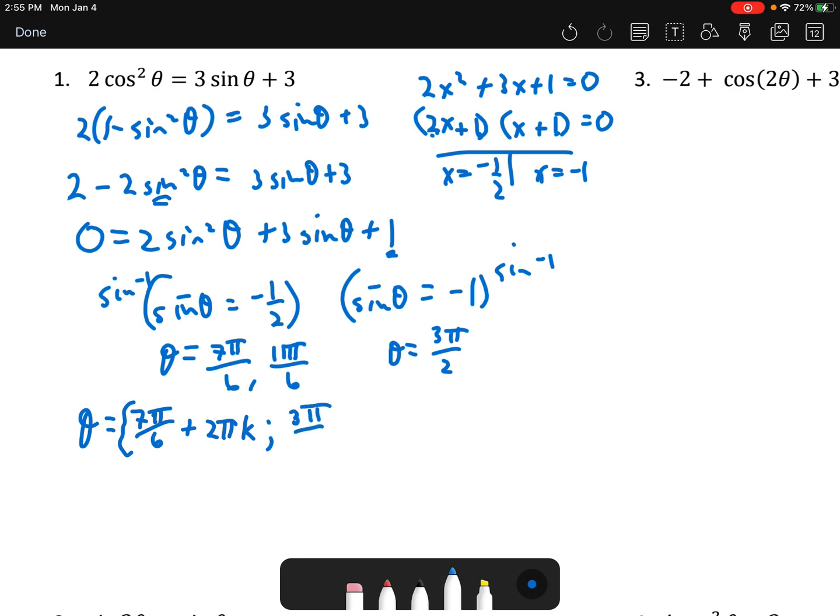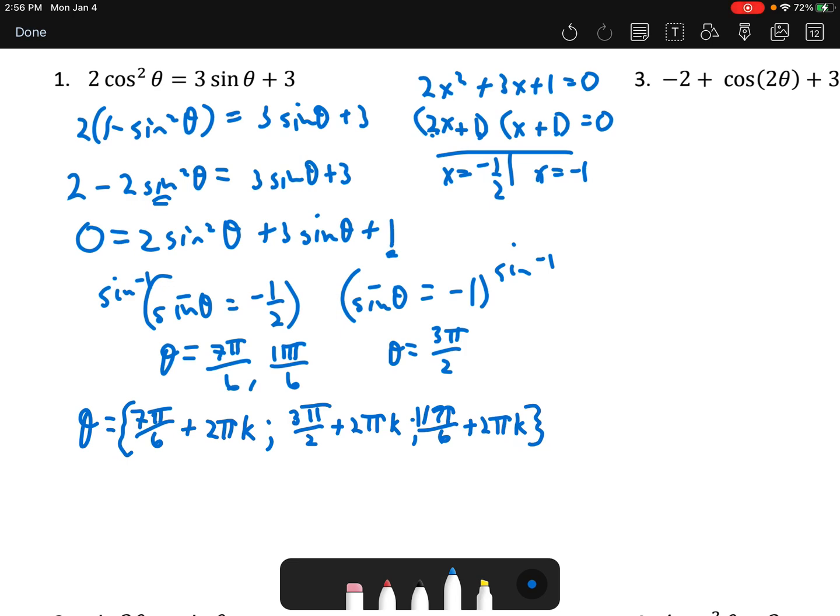Okay? The next one would be 3 pi over 2 plus 2 pi k. The next one would be 11 pi over 6 plus 2 pi k. Those are the answers to all of our thetas. That's how we would find any answer that satisfies number 1.